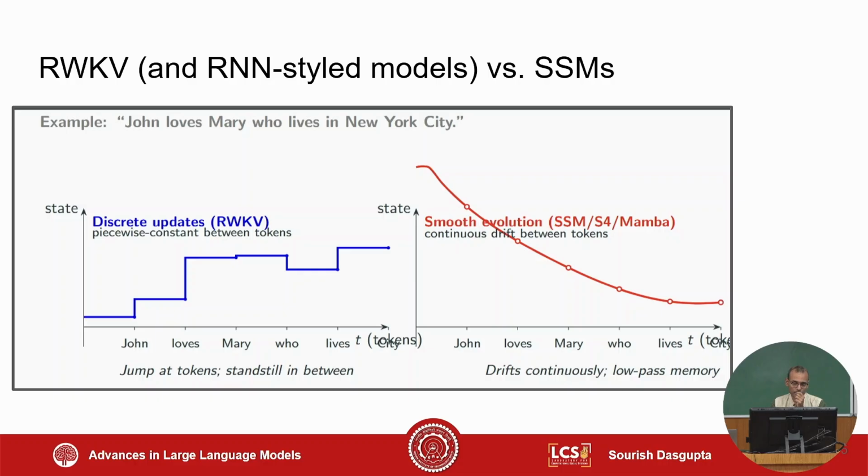Whereas in an SSM, including S4 and Mamba, which are all different types of SSMs, the influence of John decays continuously. A particular aspect of John, let's say as the subject of the sentence, decays slowly and continuously over time till you get to the point of City, right? So the effect of John, the effect of loves, they decay gradually.